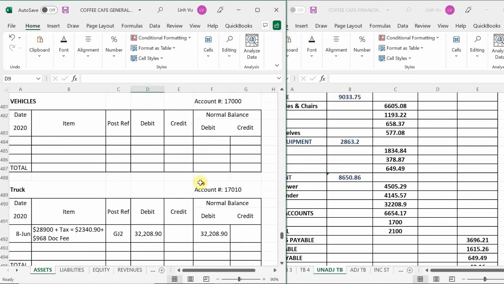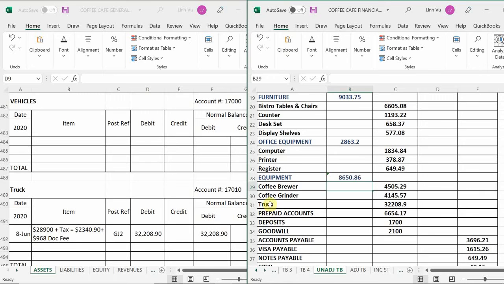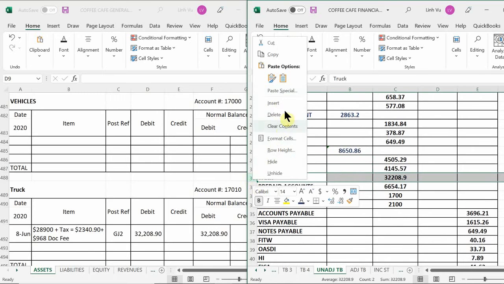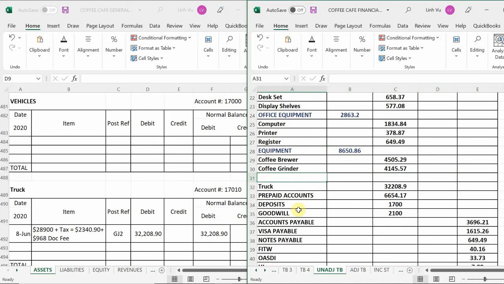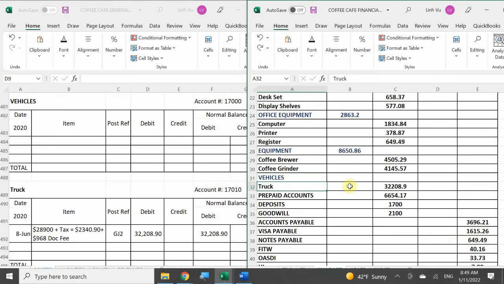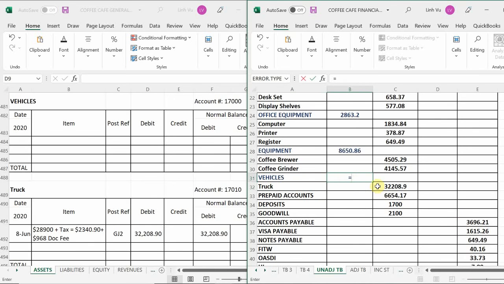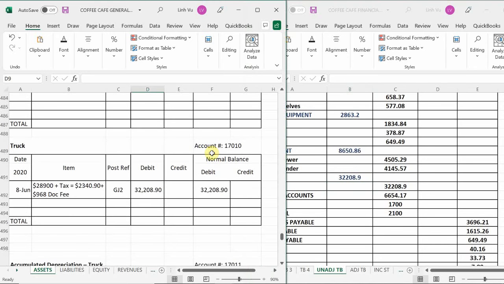Then we have vehicles, which is the truck. I only have one account under vehicles, which is my truck. And my truck is still standing at 32,208.90.